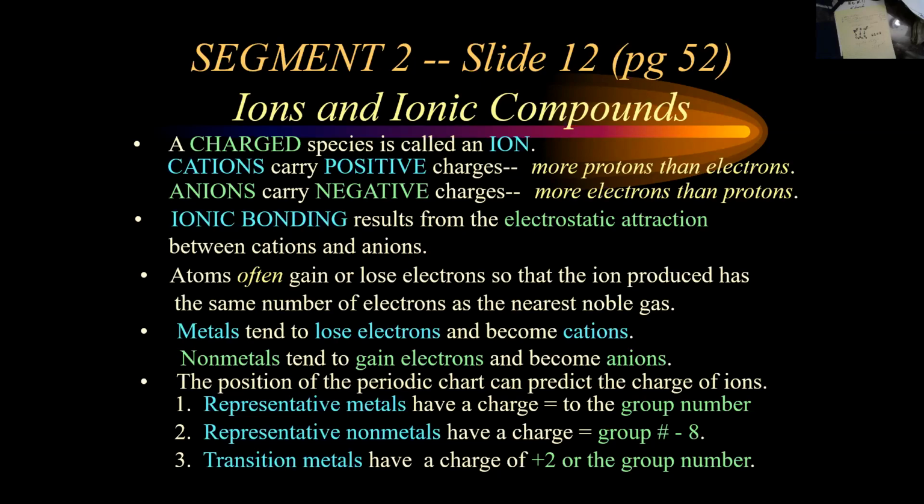Now, iron, cobalt, and nickel, notice they're labeled 8B. All 3 of those columns are 8B. That doesn't mean they have 8 electrons that they're going to lose or gain. Generally, that group in the middle is going to be +2 or +3.